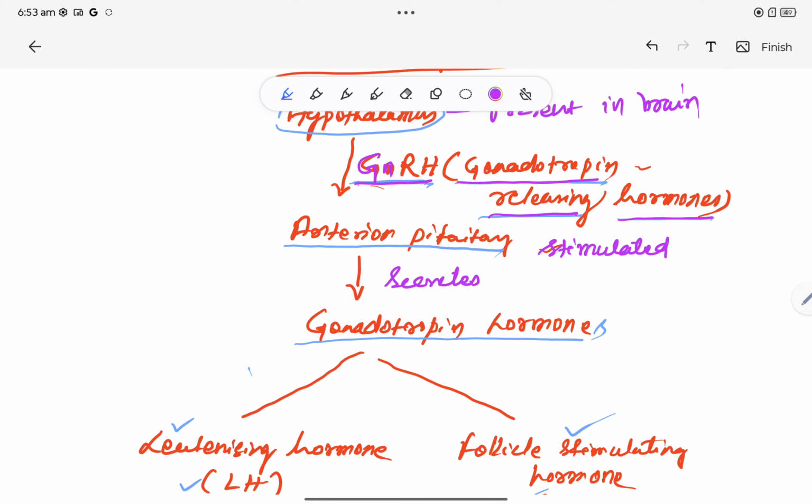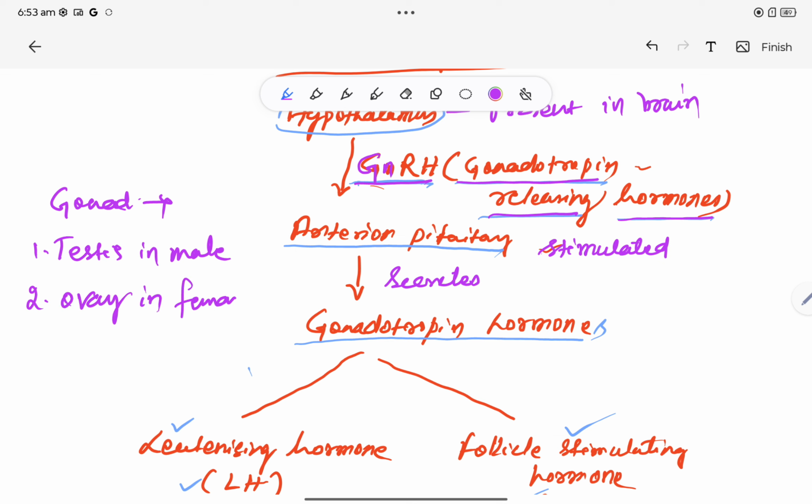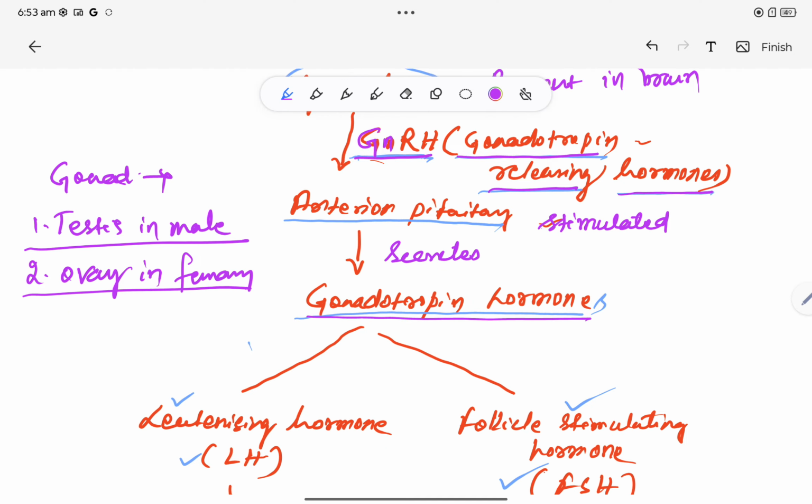What are gonads? Gonad means testes in male and ovary in female. Remember. So the function of testes and ovary are regulated by these gonadotropin hormones. So gonad means testes and ovary.